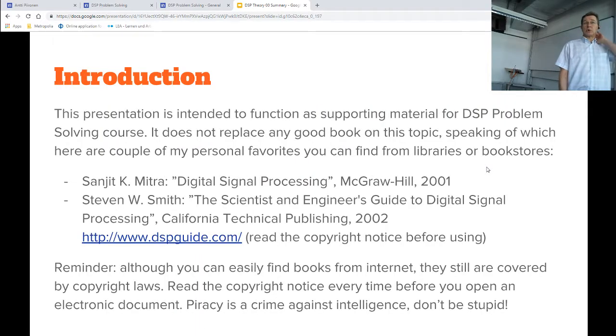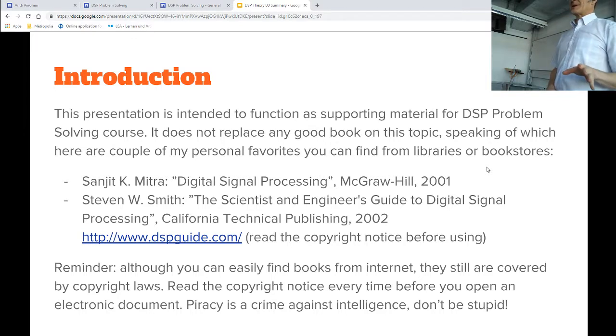If you like books, I have a couple of good books for the engineers. This is excellent: Sanjit K. Mitra, Digital Signal Processing. It's an old book, but still valid. It also has MATLAB exercises. By the way, did you install the campus MATLAB license on your computers? If you didn't, you should do it.